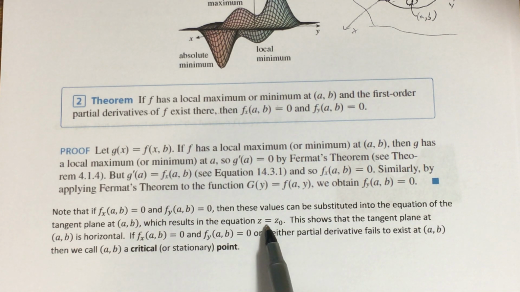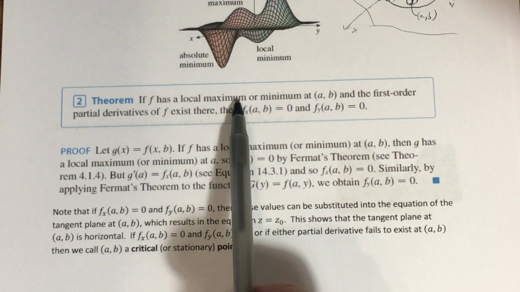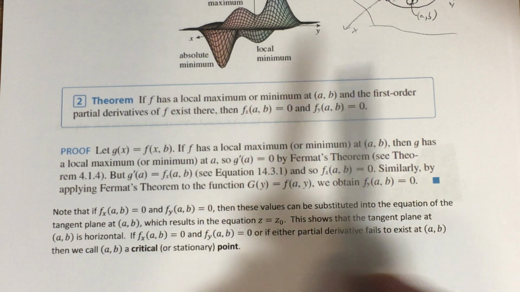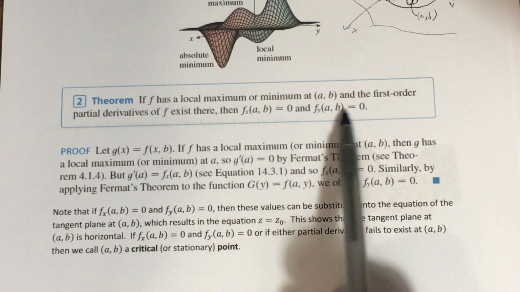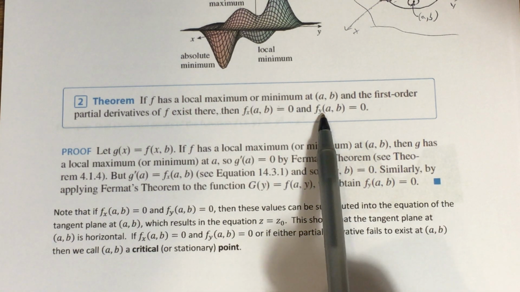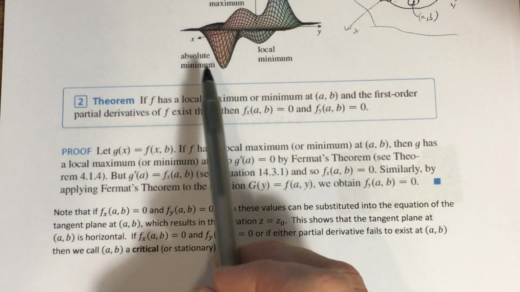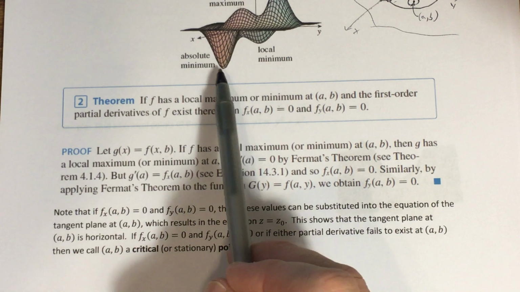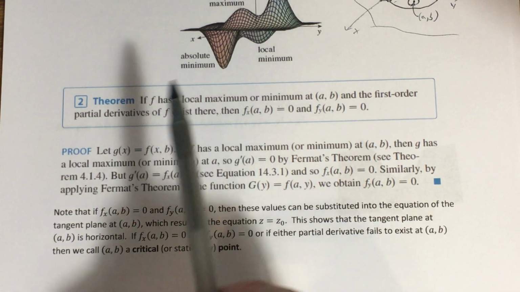So what that means is that anywhere we have one of these local maximum and local minimum values that occur at one of these points where both the partial derivatives equal 0, then the tangent plane at that point will be a horizontal plane.